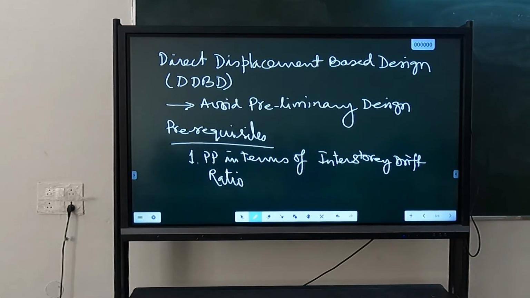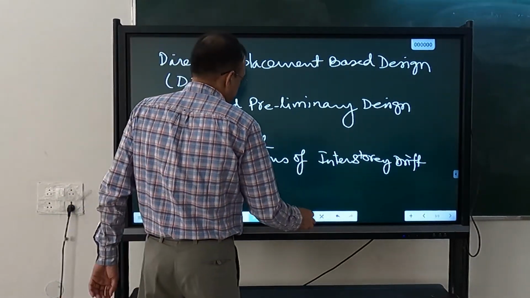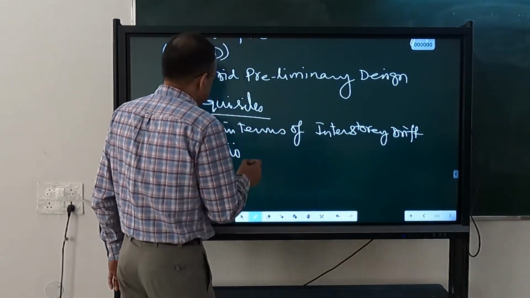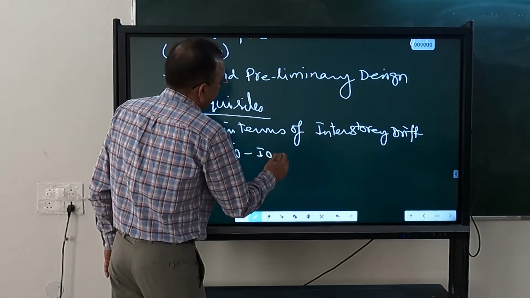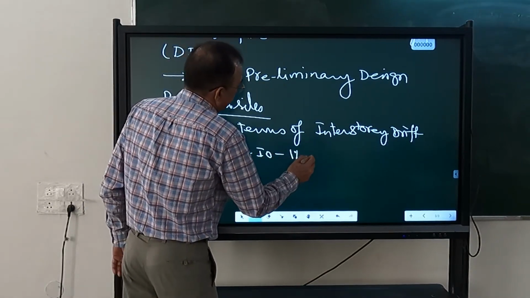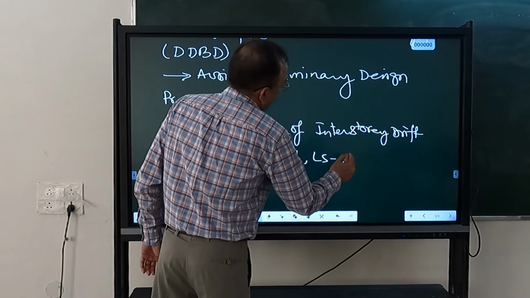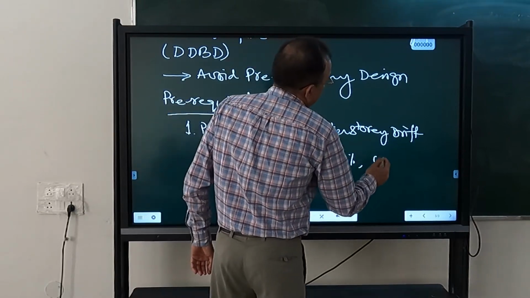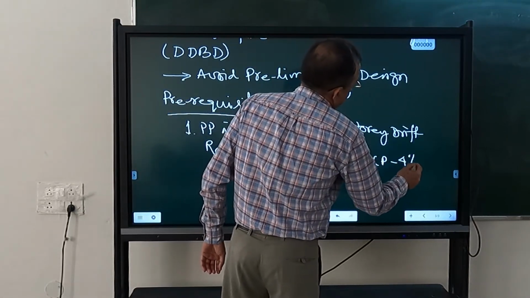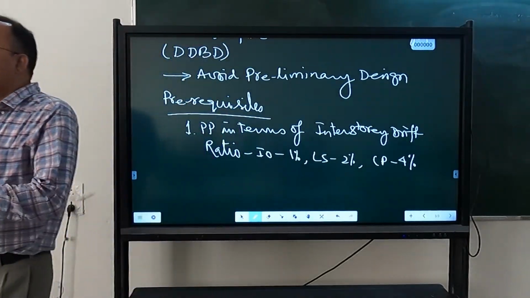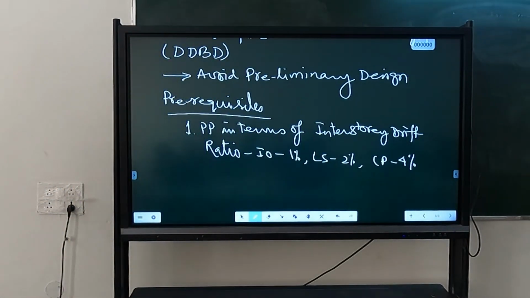Okay. So, for example, we can say that IO corresponds to 1% inter-story drift, life safety corresponds to 2% inter-story drift, and collapse prevention corresponds to 4% inter-story drift. Or you can decide any inter-story drift yourself. Suppose you decide that I will design for 3% inter-story drift. Okay. So this is the first requirement.